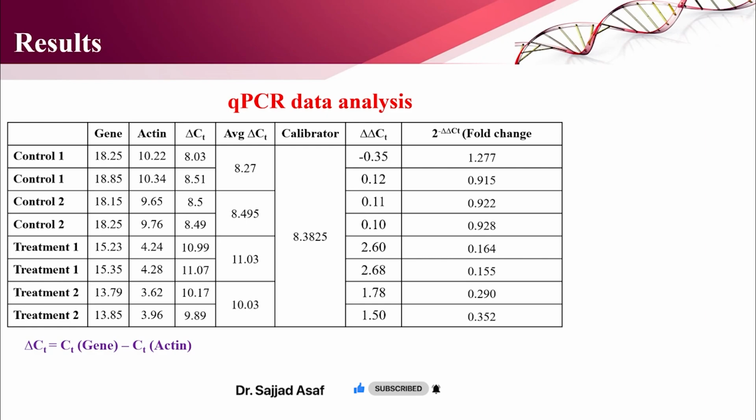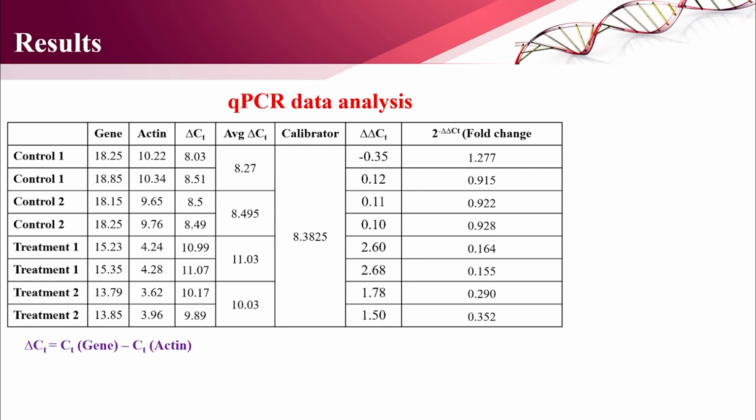When we are checking the delta CT value, we find it by subtracting the actin value from the gene value, so we get the delta CT value. Next we calculate the average delta CT value.